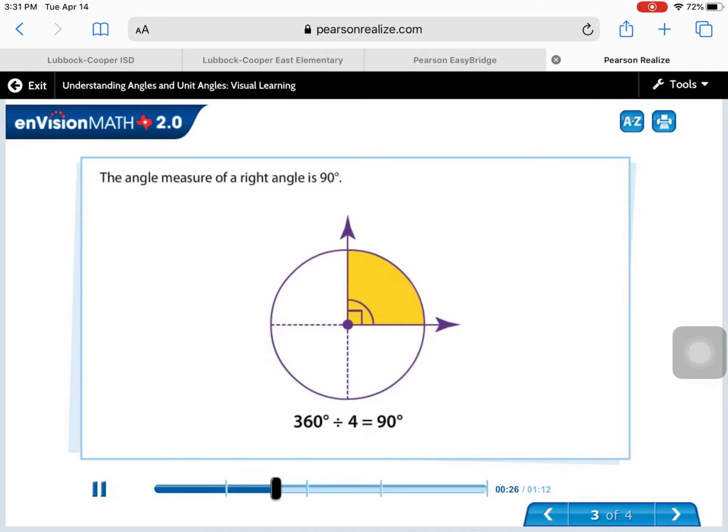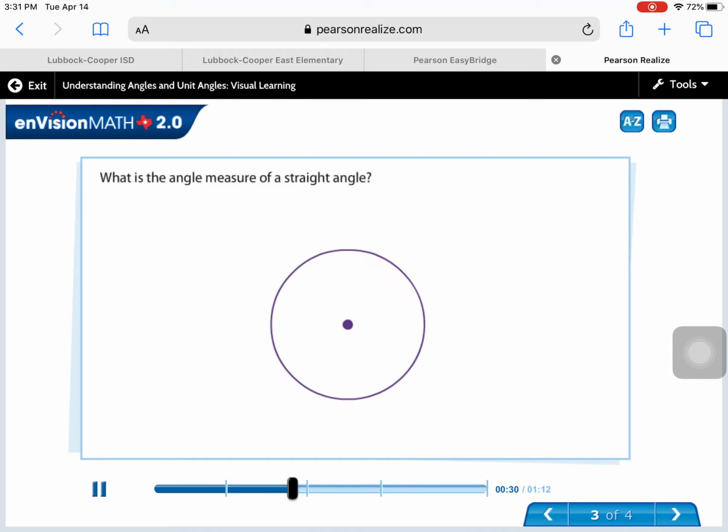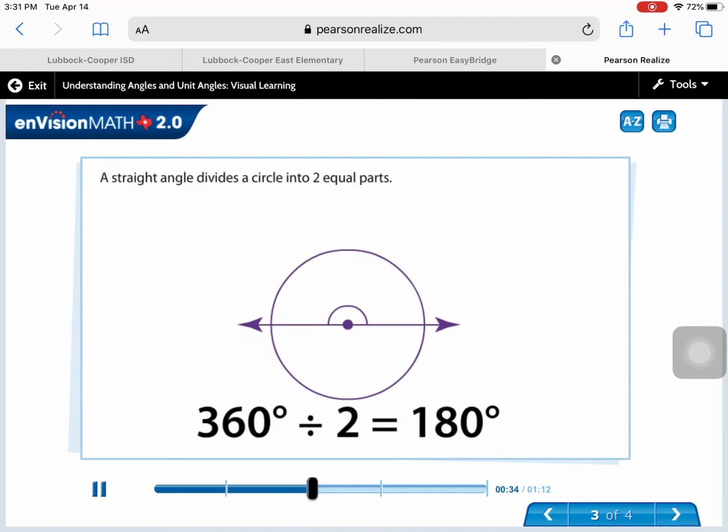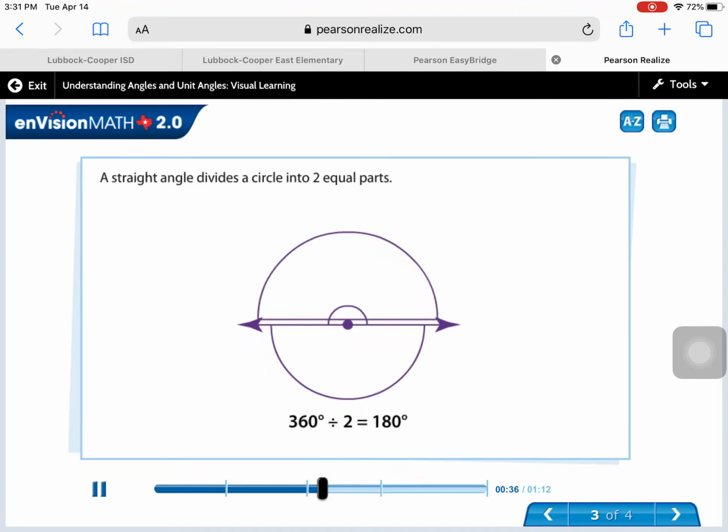The angle measure of a right angle is 90 degrees. What is the angle measure of a straight angle? You guys should remember, what is the measure of a straight angle? A straight angle divides a circle into 2 equal parts.